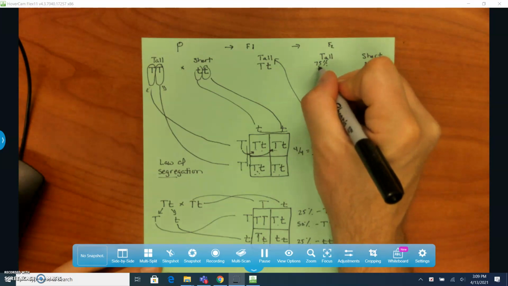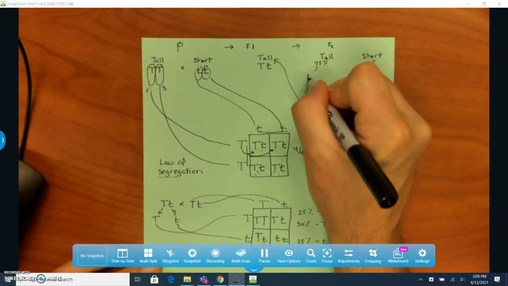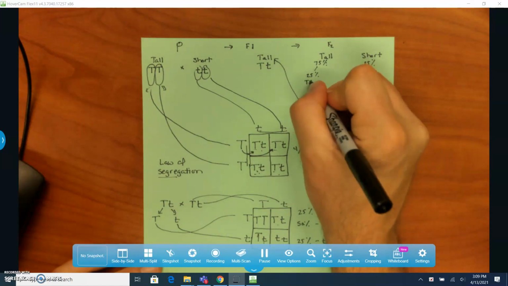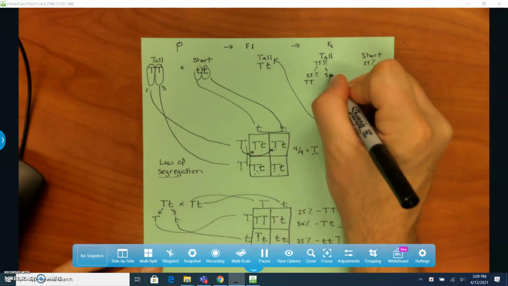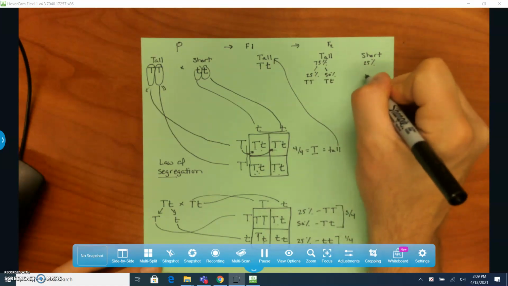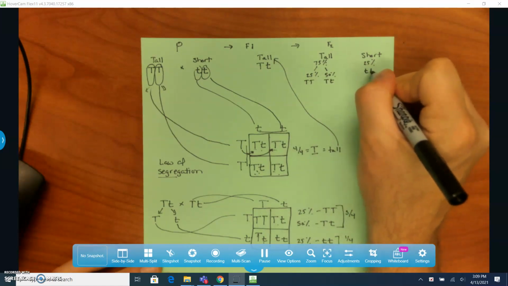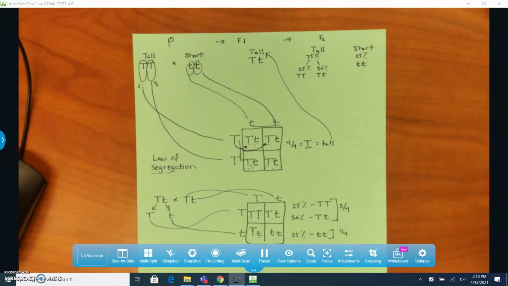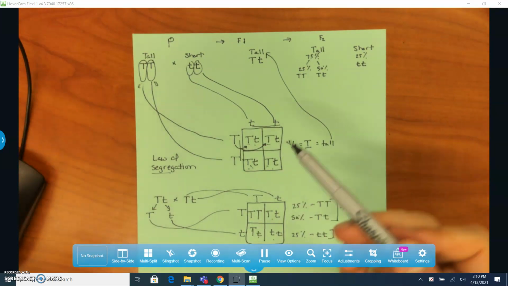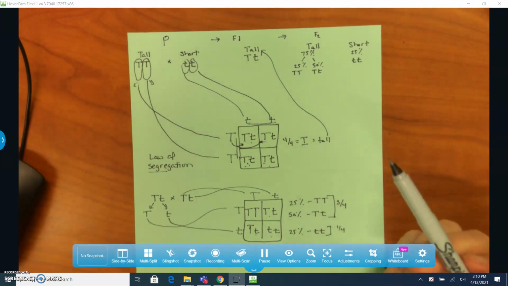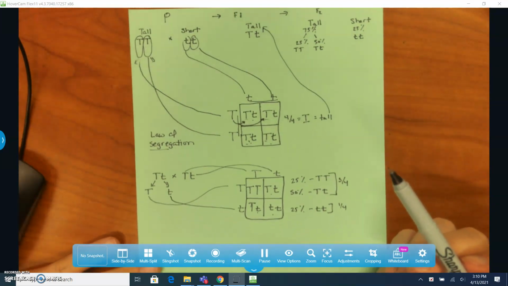And he also found that of the 75%, 25% were big T, big T, and 50% were big T, little t, and all of the short ones were little t, little t. So we're now seeing how Punnett squares are used to determine probable outcomes, not guaranteed outcomes. But there are a few more terms that we need to know before we move on.